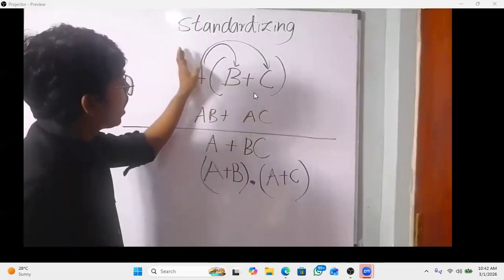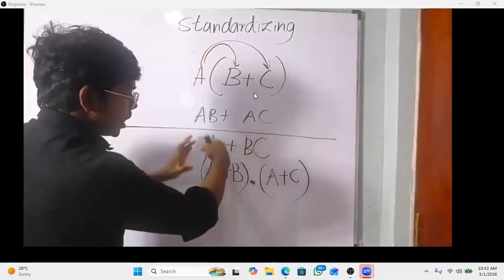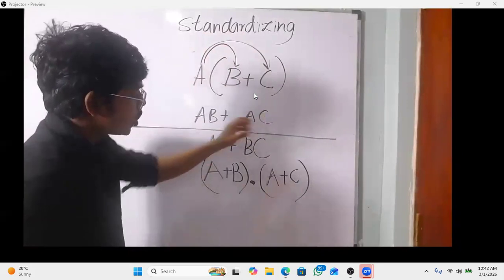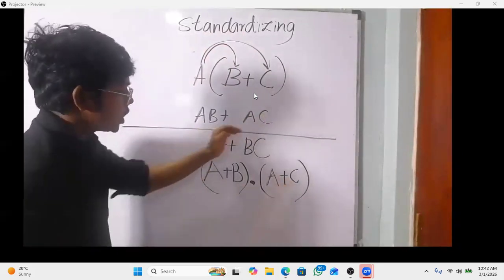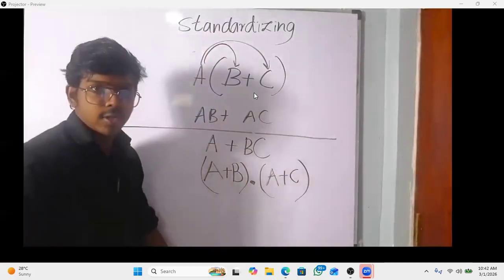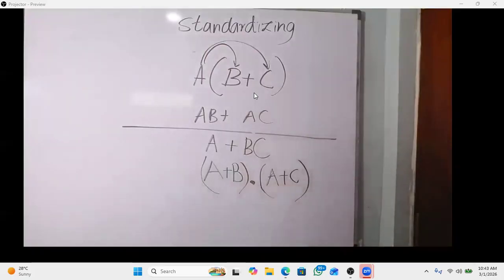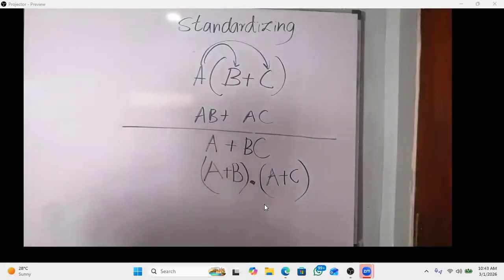I multiplied each term and added. Here the opposite: I added each term, A plus B, A plus C, and multiplied both together. Understood the concept? To learn the POS method, you should have this concept in your head.